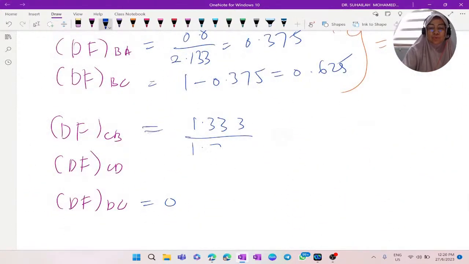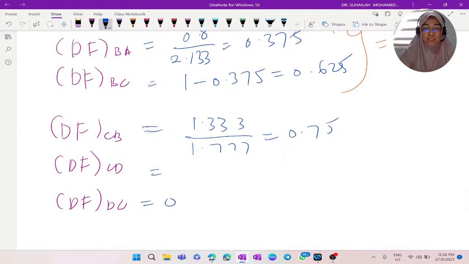So 1.333 divided by 1.777 gives 0.75. It is KCB divided by KCB plus KCD.